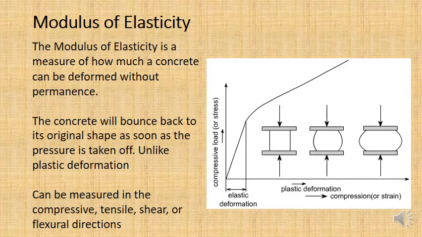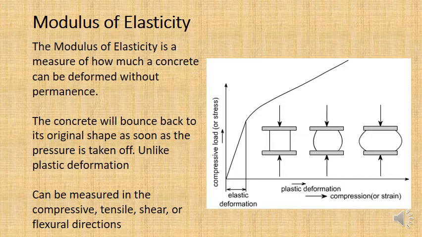And there's two kinds of deformation. There's elastic deformation. That means that when you take the load off, the concrete or the sample will bounce back to its original shape, just like a rubber band, how you stretch it and then you let go, it will bounce back. And then if you keep applying force, you will lead to plastic deformation.